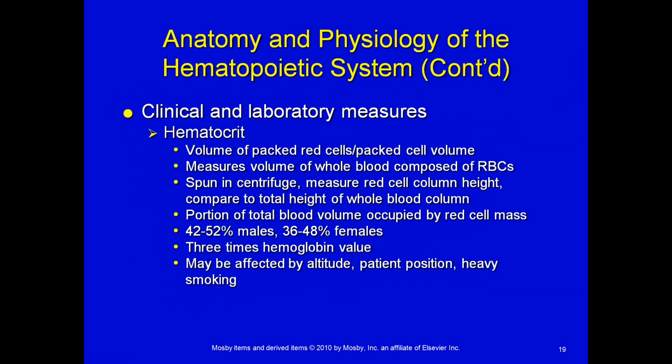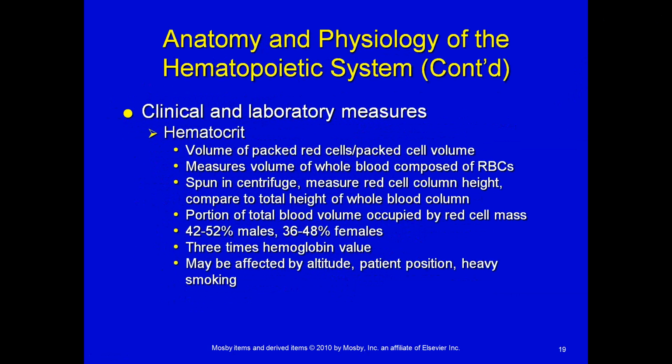Hematocrit is the volume of packed red cells in relationship to the total blood volume. It measures the volume of whole blood composed of red blood cells. It's spun in a centrifuge, and you saw a picture earlier of a test tube spun in a centrifuge where the red blood cells settle to the bottom and the plasma settles to the top, and the little bit of white in between might be the amount of fat or other elements found in the blood.